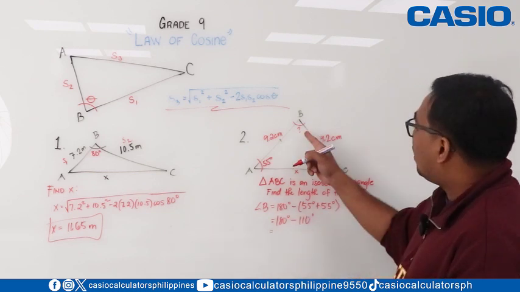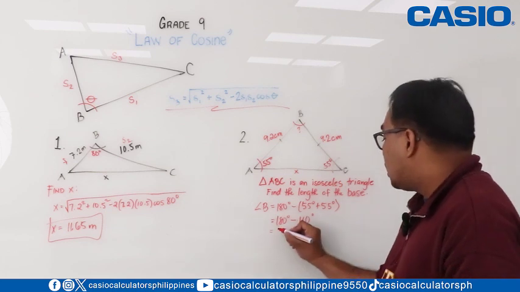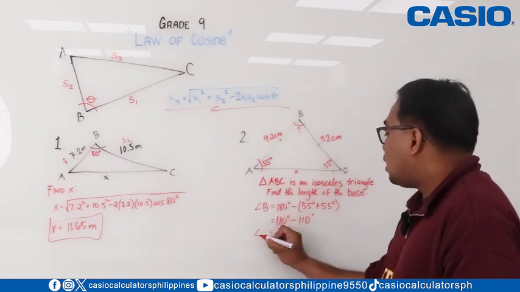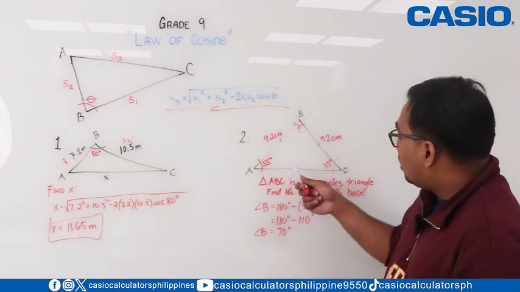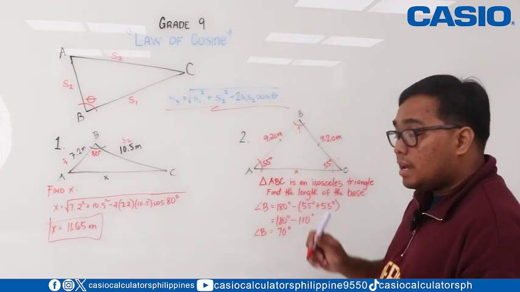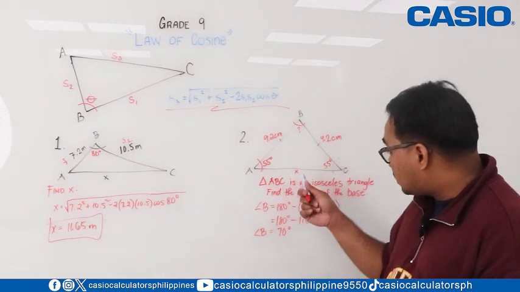The value of angle B is 70 degrees. But why do we need to get the value of angle B? Because our missing side is the base.